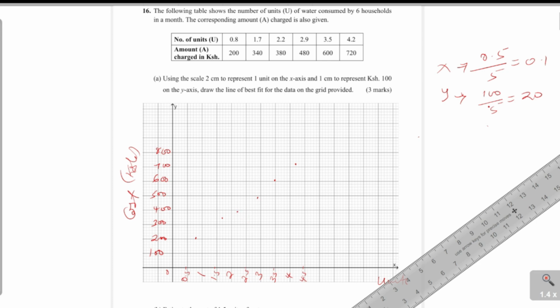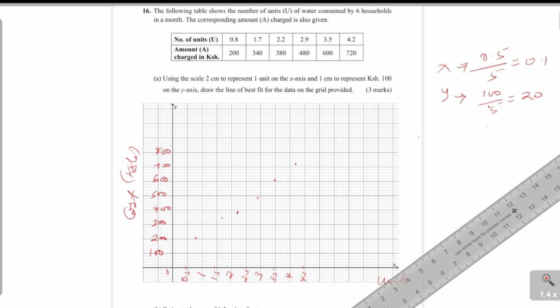380 is here. And then 2.9, 480 is there, and then 3.5, 600.